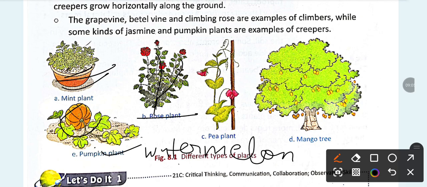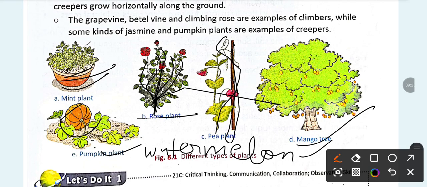Shrubs have branches starting from the ground, as you can see in this image over here. And here is a pea plant climbing on a stick, and the pea plant is climbing on it, hence it's a climber. And this is a tree. Herb, shrub, creeper, climber and tree.